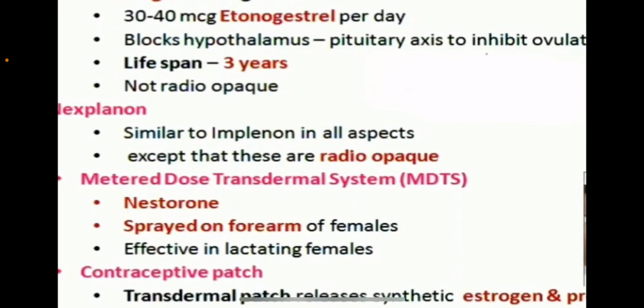We know that the hypothalamus stimulates the pituitary axis, which releases FSH and LH, which act on the ovaries, and thereby ovulation occurs. Now it directly blocks the hypothalamus, so the further process is also inhibited.